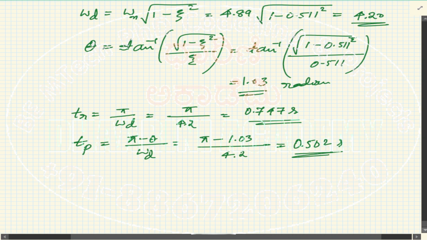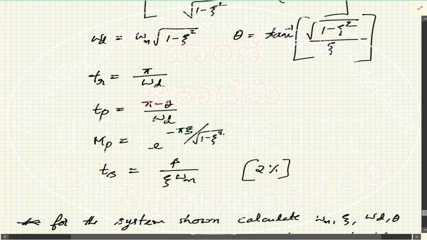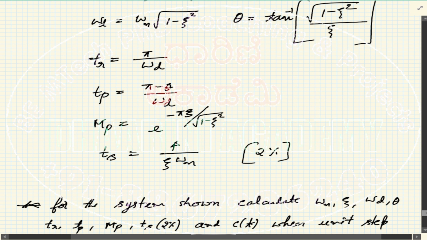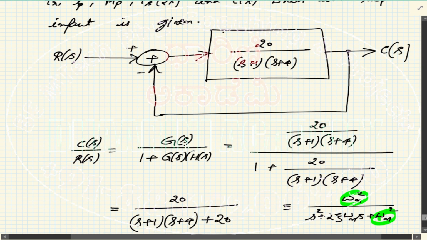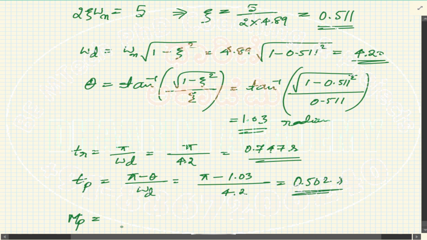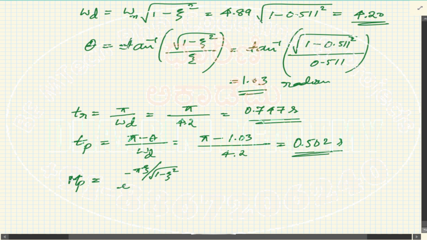Then I think we can calculate Mp now. So that value can be calculated as e to the minus pi zeta over root of 1 minus zeta squared.